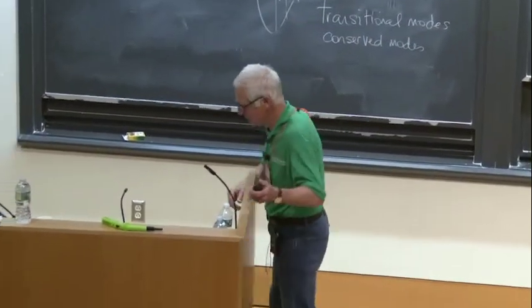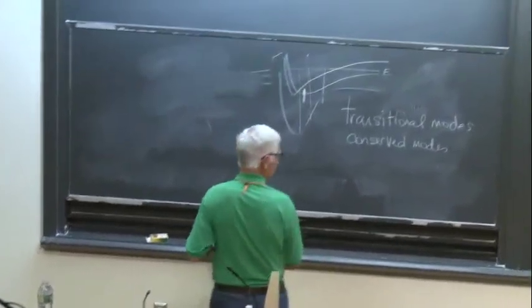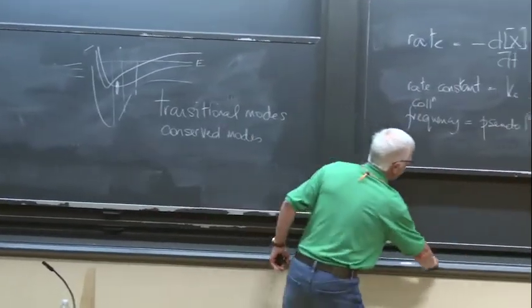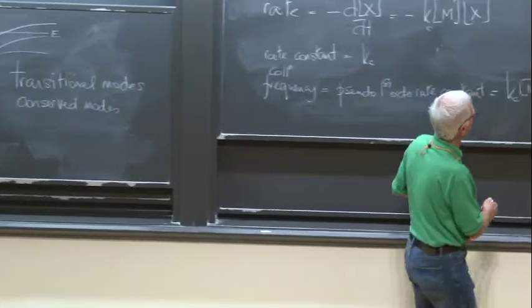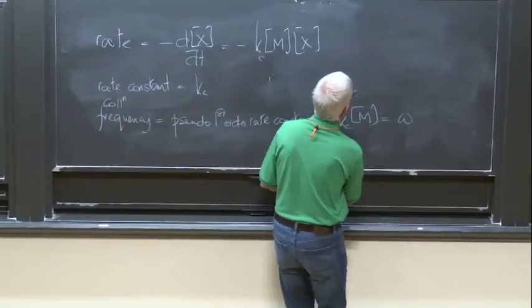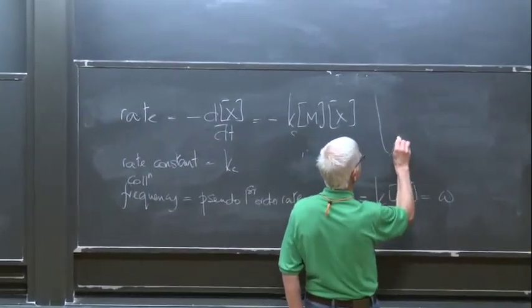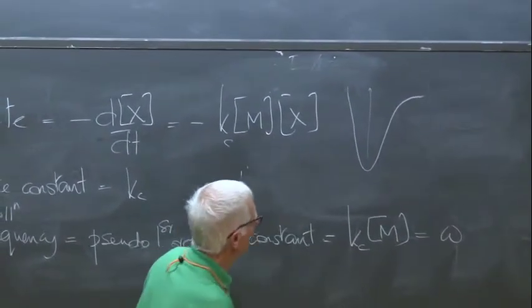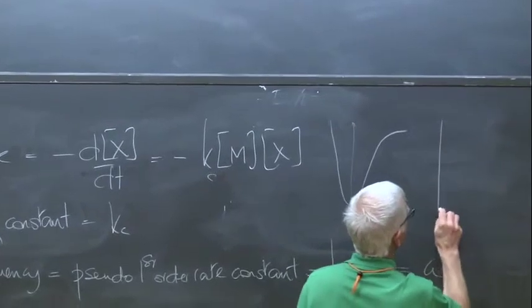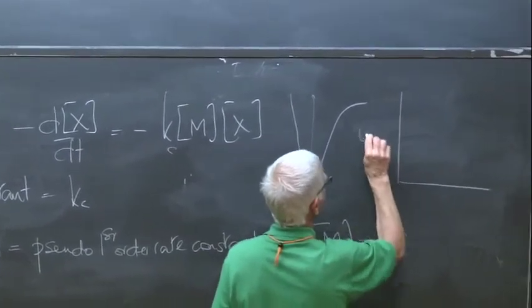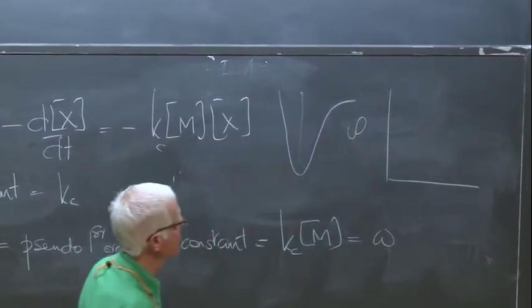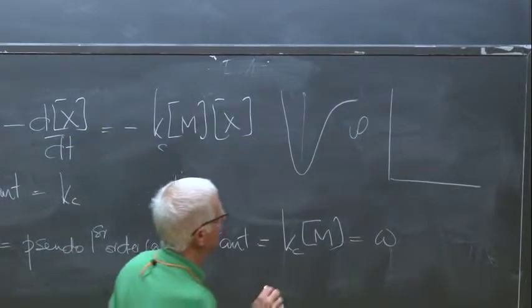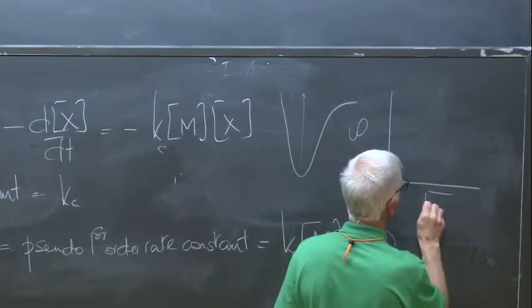So let's see what we mean by that. So here's the dissociation taking place. And let's plot the number of molecules. Let's use this term rho, which is the concentration density, as a function of energy.